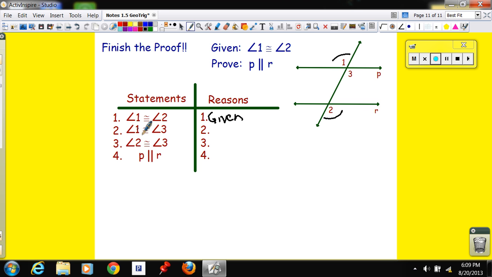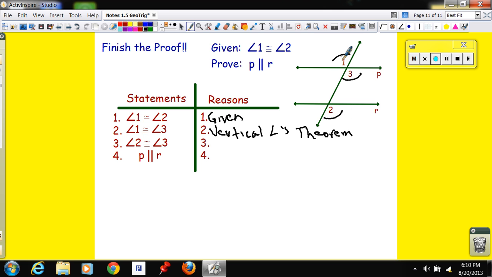Now they put here that 1 and 3 are congruent, and we just learned about angles 1 and 3. We know that 1 and 3 are congruent because they're vertical angles. We proved it in class, so we can call it a theorem, the vertical angle theorem.